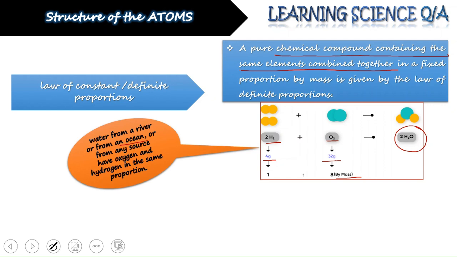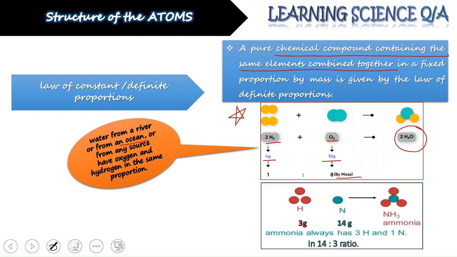This is the law given by the law of definite proportion. So this ratio is not going to change. However, this is many times asked in the examination in this way itself. They will ask you to state the law of constant proportion with some example. So you can definitely quote this.